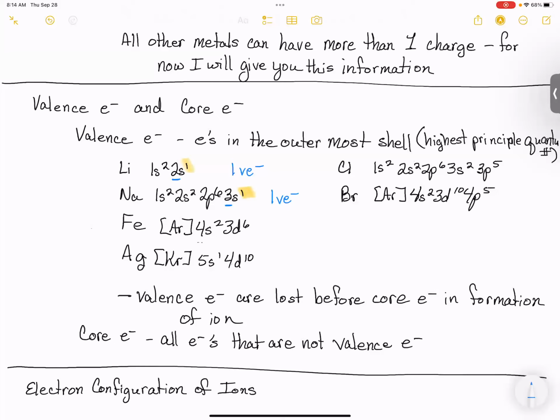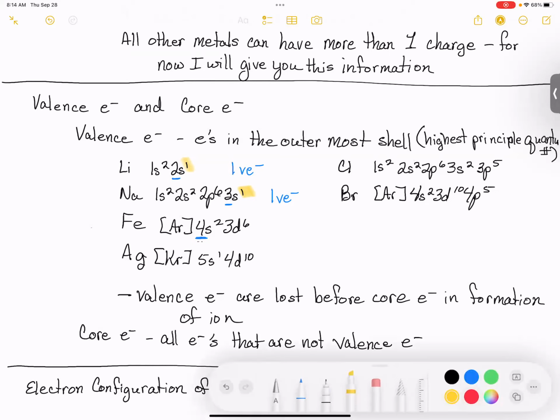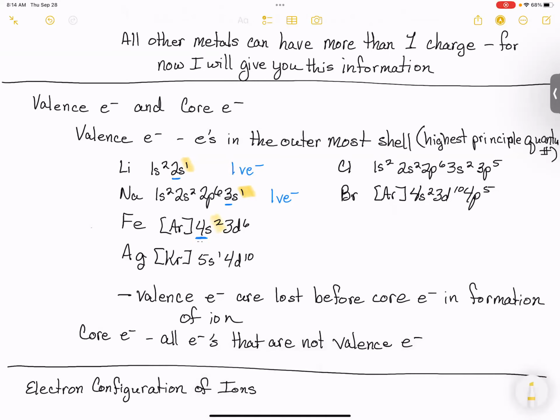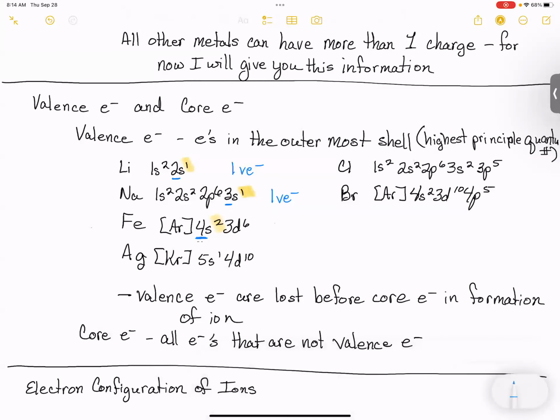Now, when you get into the transition metals, the valence electron definition remains the same. It's the highest shell. For iron, the highest shell is 4, and it has 2 valence electrons.